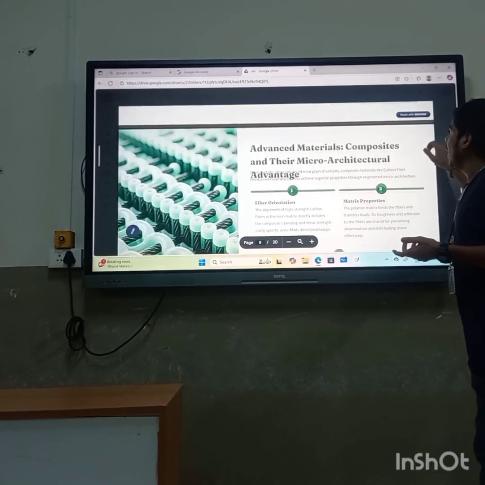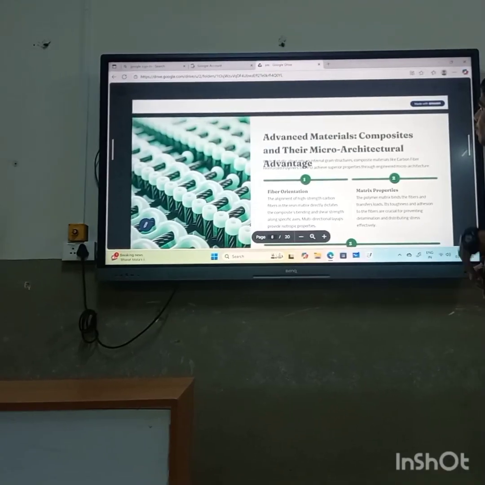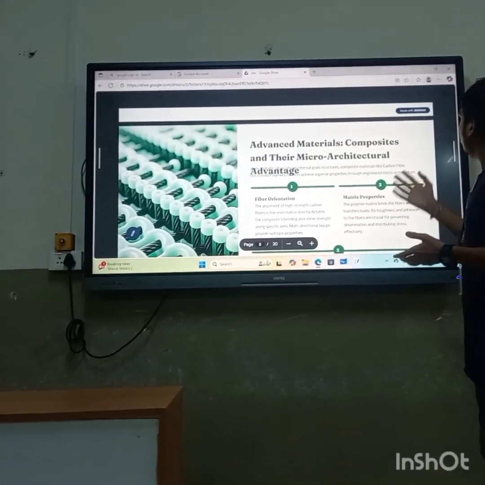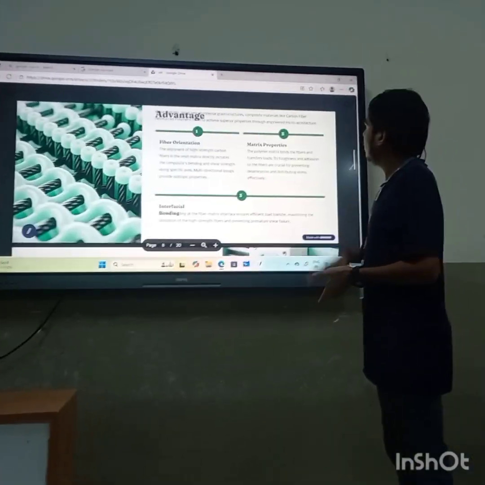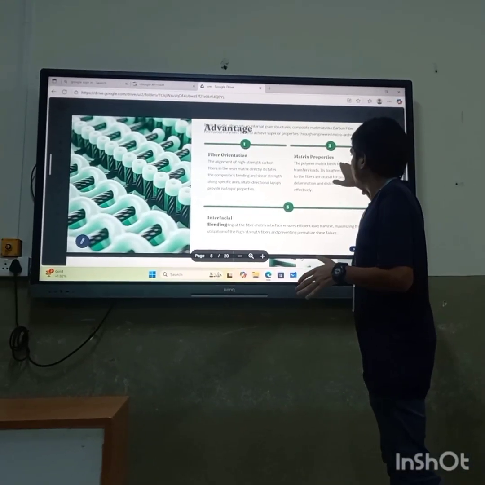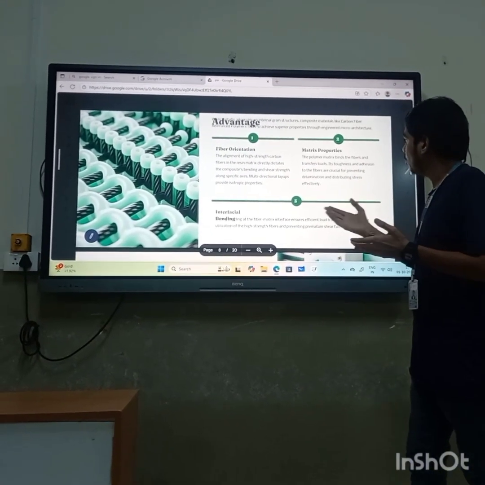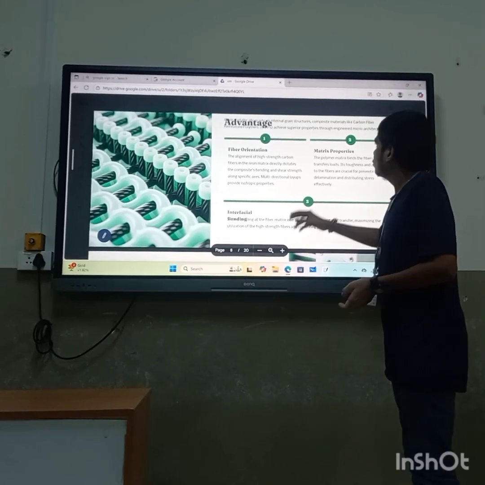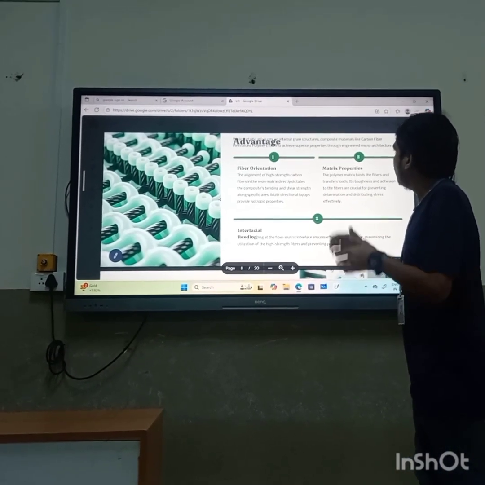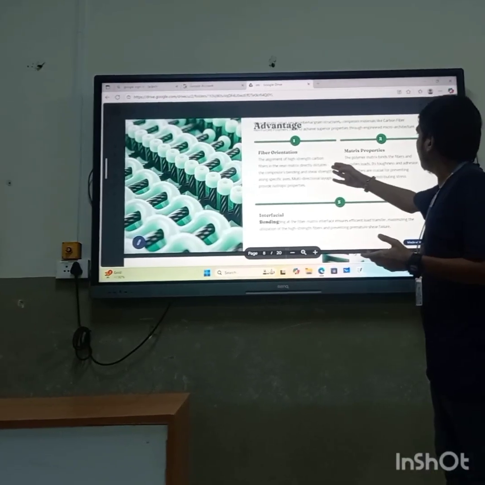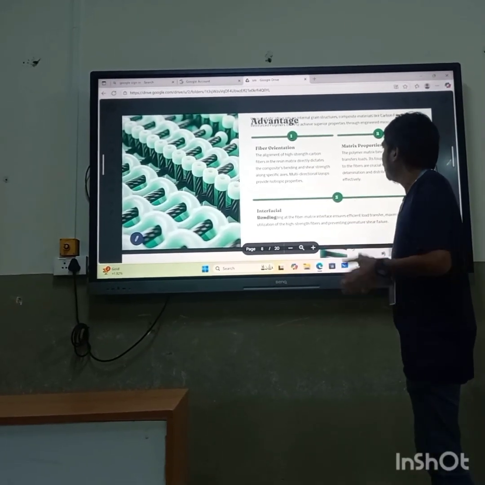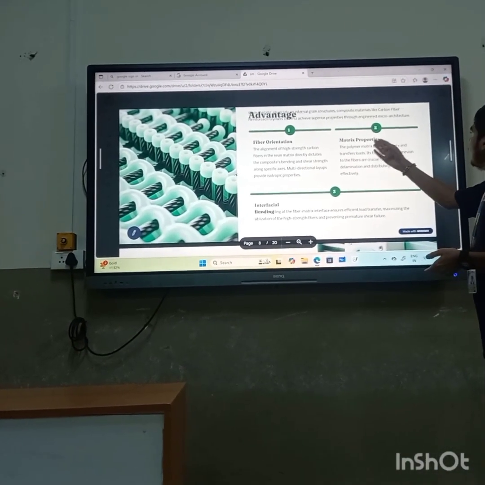Then next is advanced materials: composites and their micro-architecture advantage. There are three advantages: fiber orientation, matrix properties, and interfacial bonding. The fiber orientation, the alignment of high strength carbon fibers within the resin or matrix, directly dictates the composite's bending and shear strength. The next is matrix properties.